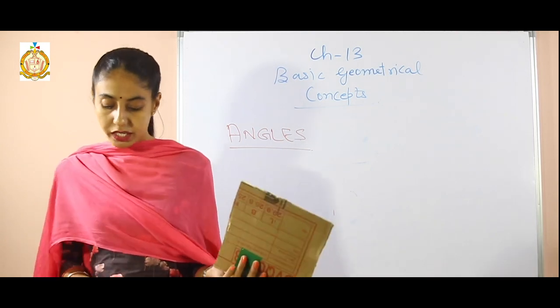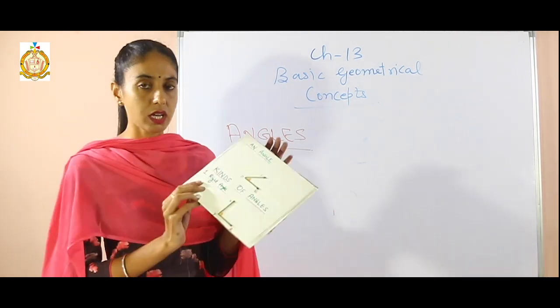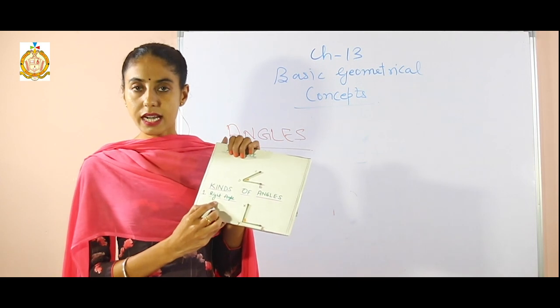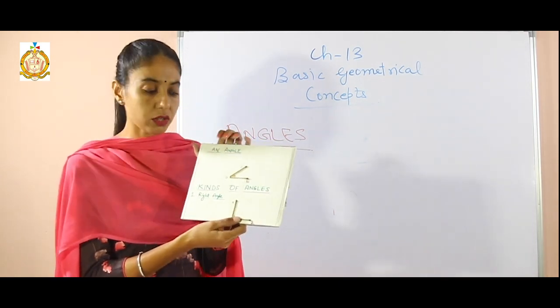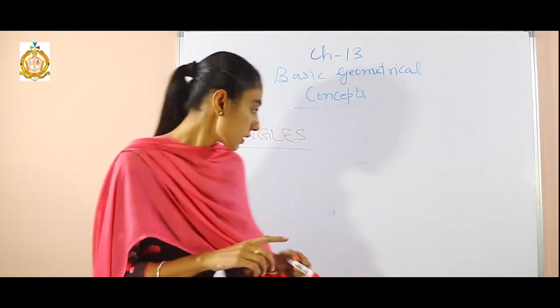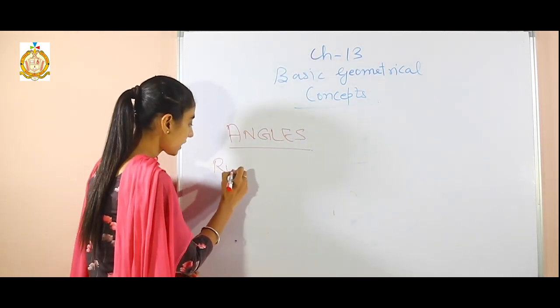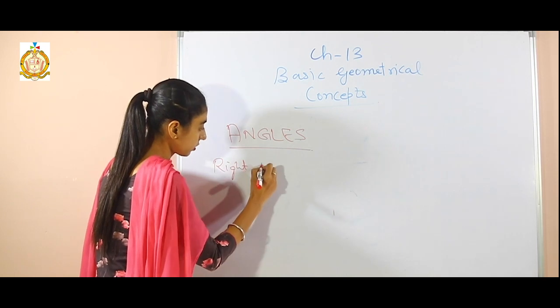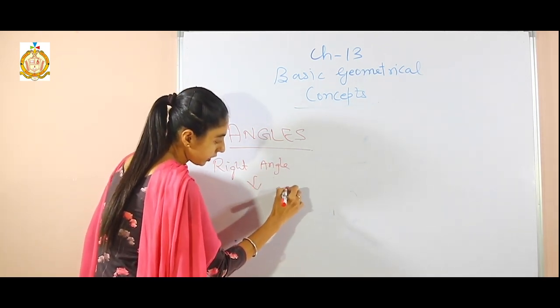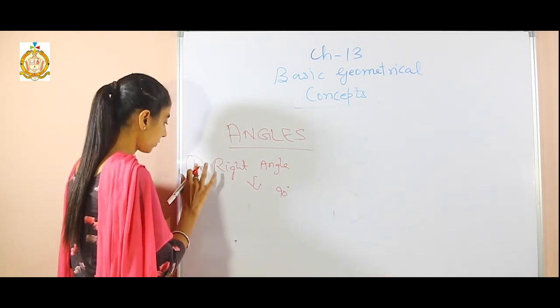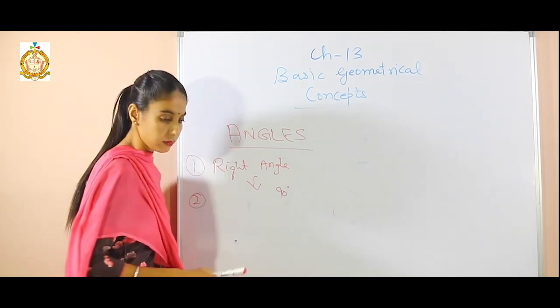Now I am going to explain the kinds of angles. The first one is the right angle, whose measure is 90 degrees.